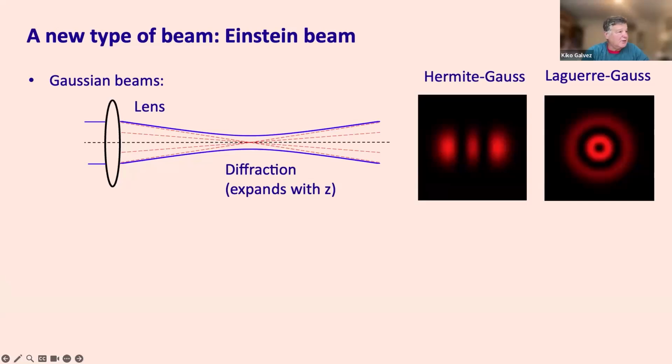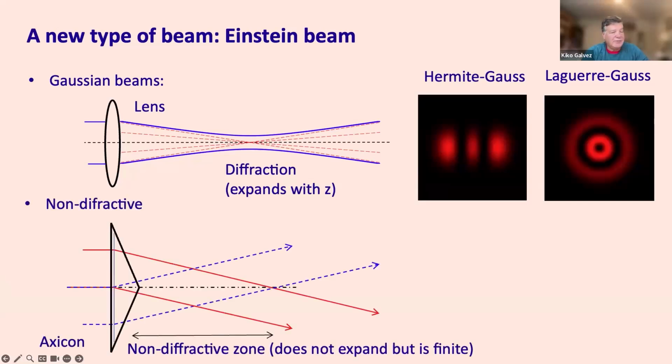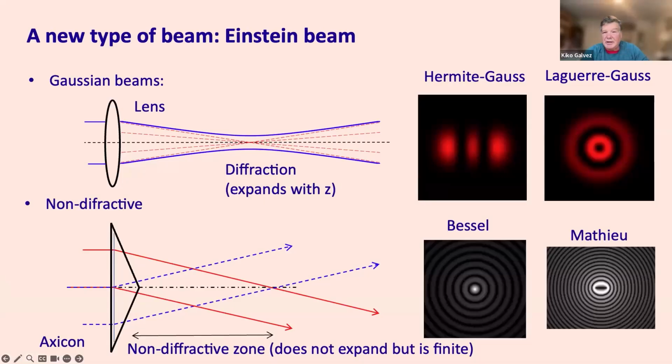We can generate the Gaussian modes, and we also have non-diffractive beams that we can generate using, for example, an hexagon. And well, you have non-diffracting patterns, but they're finite because of the previous speaker. The beam is not infinite.